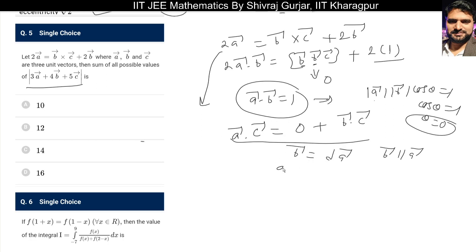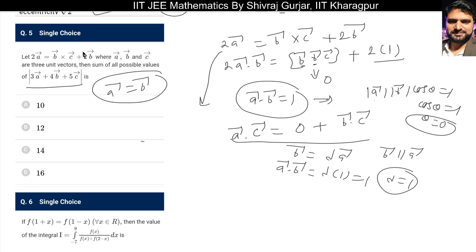But A dot B, let us dot it with A, so lambda is 1. So this means A vector is equal to B vector. So if A and B are equal, then B cross C is equal to 0. Then what does that mean? That means C vector is parallel to B vector, which means C vector is equal to lambda B vector.